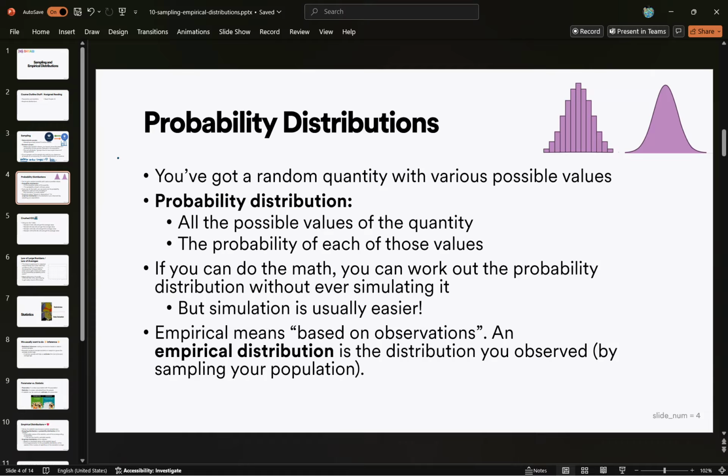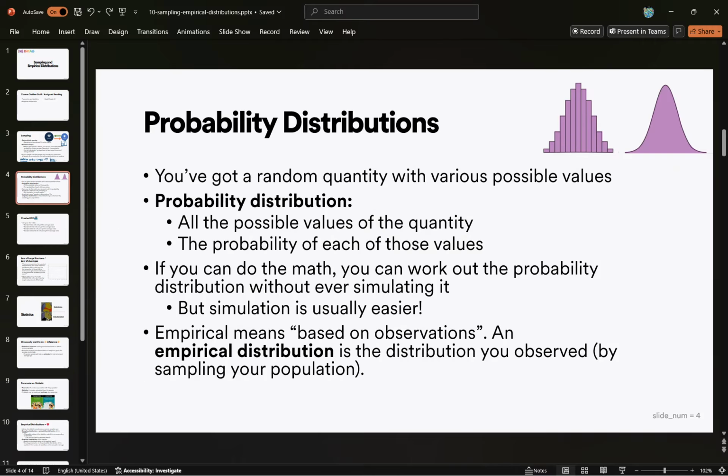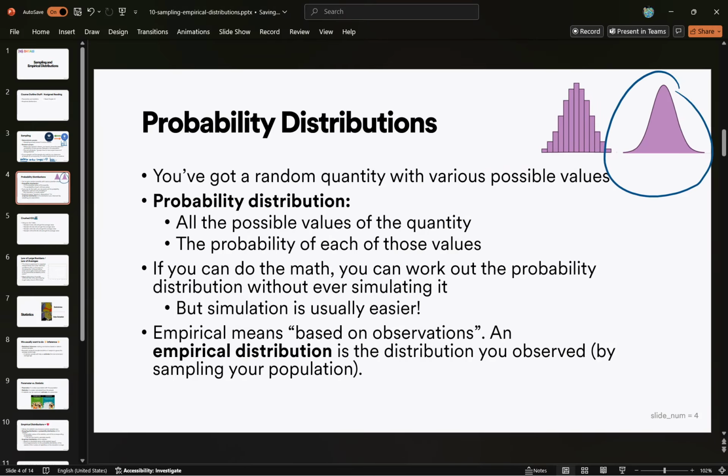So you've got some random quantity and a bunch of values that it could be. Let's say we want to know the age of people in the United States or in the world, for example. We'll take little samples, and you can have a probability distribution of all the different possible values of the ages of people and the probability that they'll be that age. And I think you can imagine it's going to look something like this kind of graph, right?